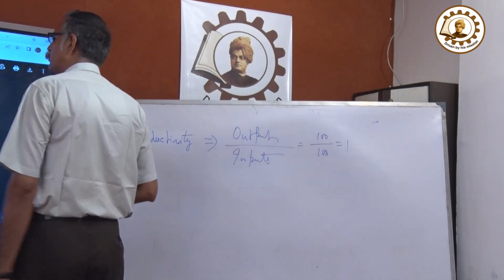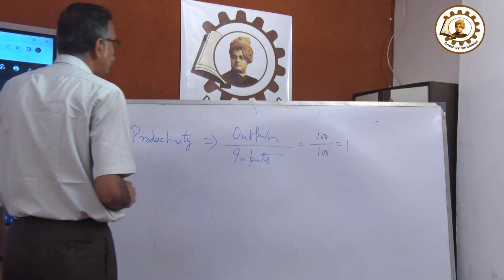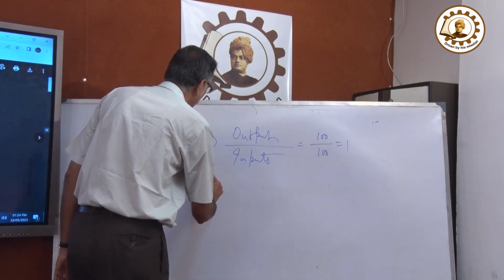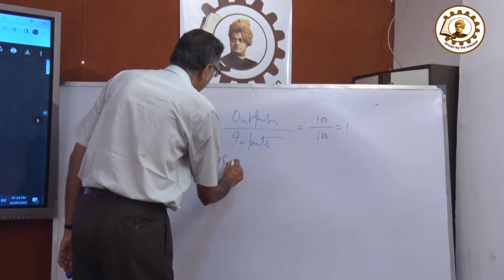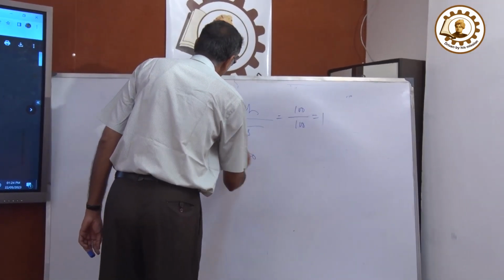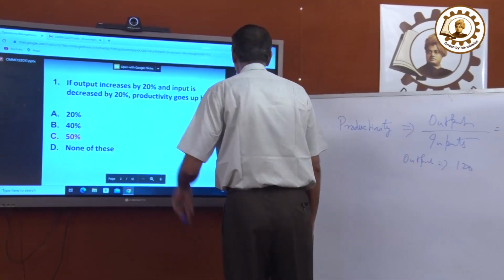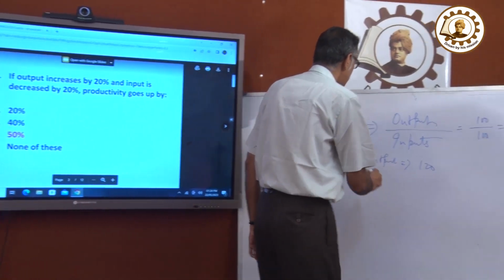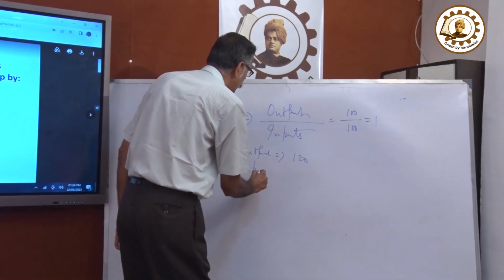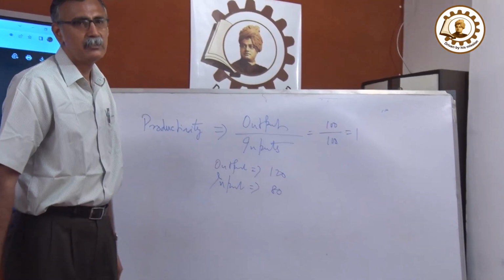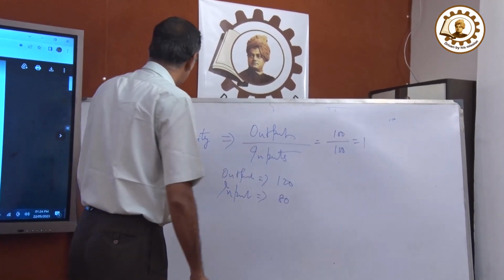Now go to this problem. Output is increased by 20%, so the current output is 120, and the input is decreased by 20%, so the current input is 80.